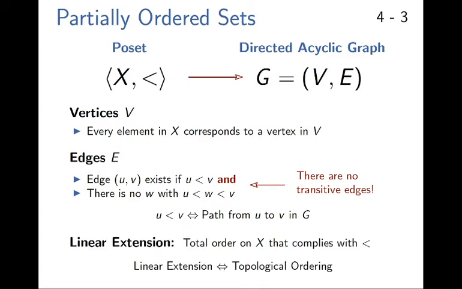What is a linear extension? It is essentially a linear ordering of the elements that complies with the partial order. So if the partial order says U precedes V or U is less than V, then U also precedes V in this linear ordering. If you transfer this idea to the graph, to the DAG, it's nothing else than a topological ordering of the vertices.